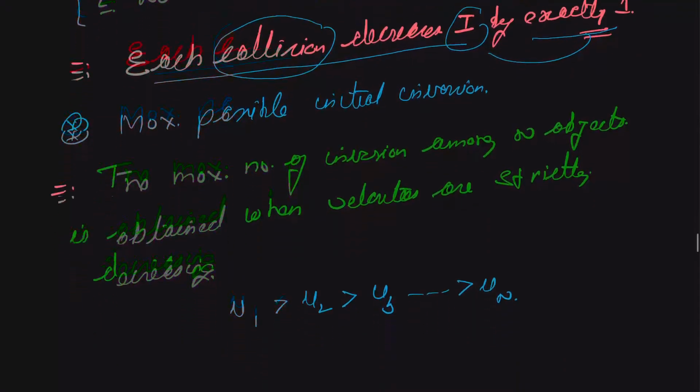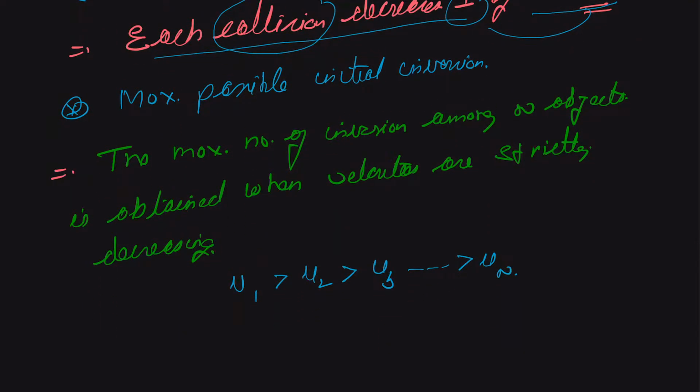Maximum inversions are possible only if the velocity of the left particle is greater than that of the right particle. Left particle means placed in the left position and right particle means placed in the right position. So a collision takes place if the velocity of u1 is greater than the velocity of u2. This condition must be fulfilled with respect to their velocities.